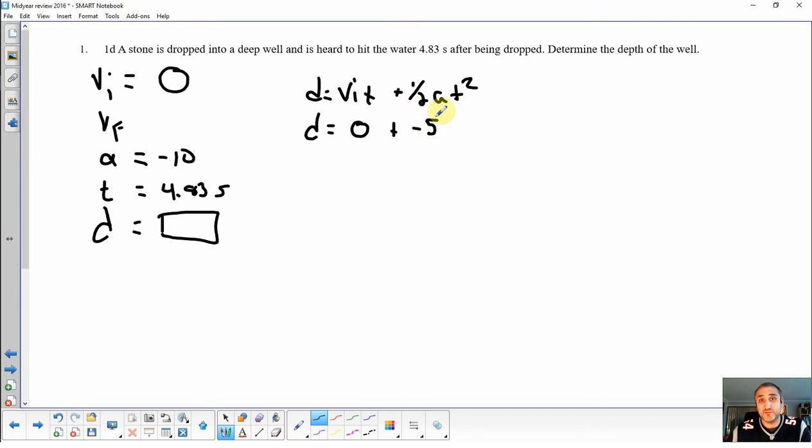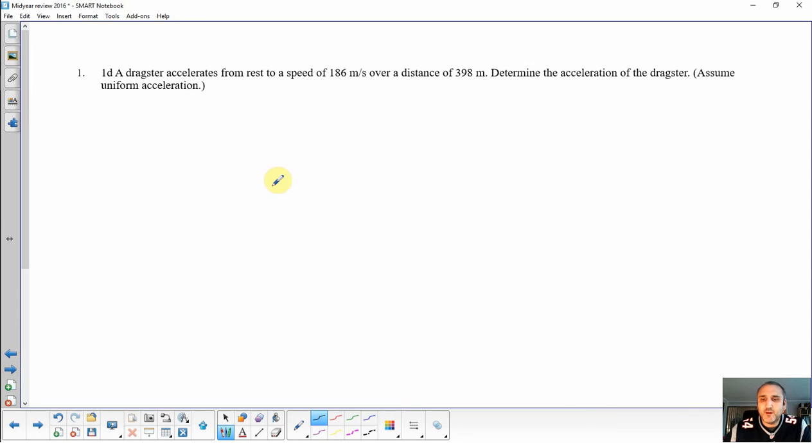That's why I like using -10, because then 1/2 of -10 is always -5. Times T squared, which is 4.83 squared. And if you do this all nicely out, you should end up with a -116.6 meters.